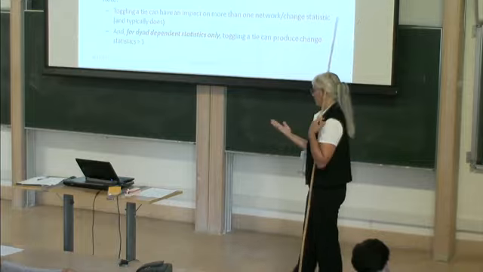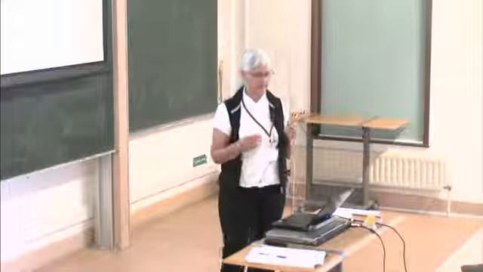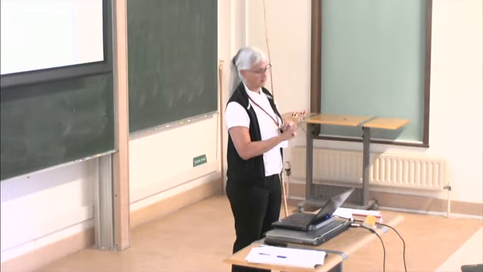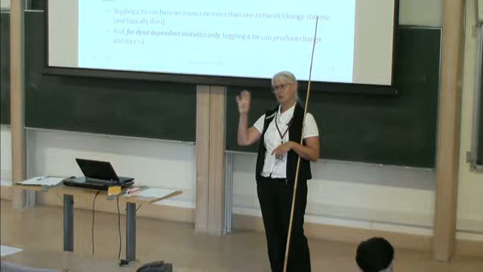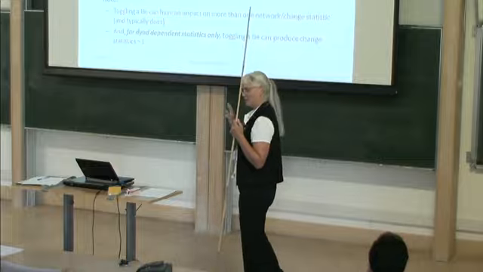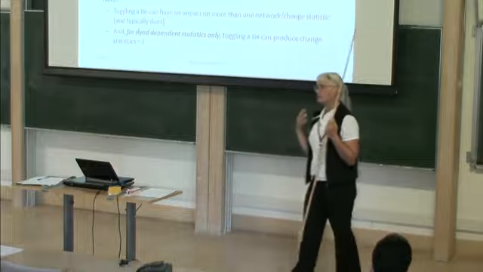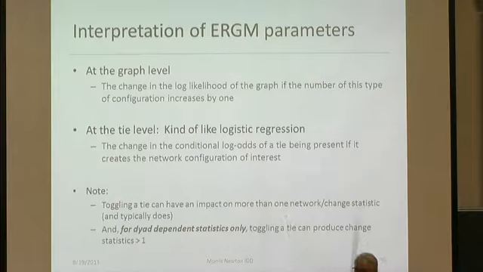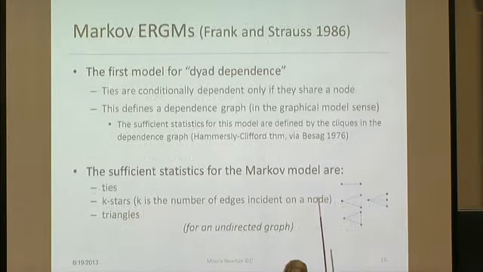If you add a tie to an existing star, if that node already had 4 ties, it creates 4 choose 2 2-stars, 4 choose 3 3-stars, etc. Right? So the change statistics for dyad-dependent statistics turn out to be a little bit more complicated. And that turns out to matter for how you represent them.